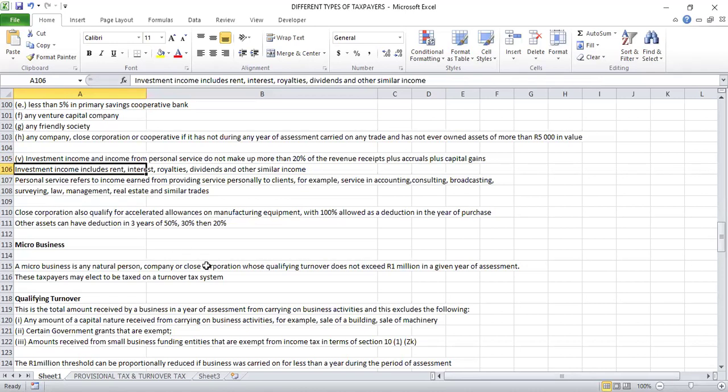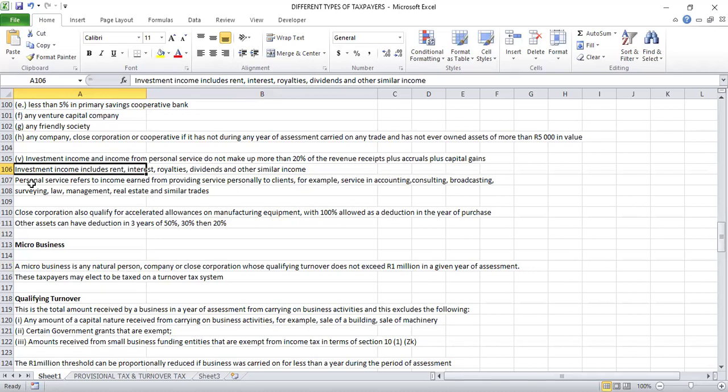When you've got properties and you are renting out, you get rent, interest. You invested your money, you are getting interest, royalties. You have rights that earn you royalties, dividends, and other similar income. So if these make up more than 20% of your revenue, then you cannot register as a small business corporation.